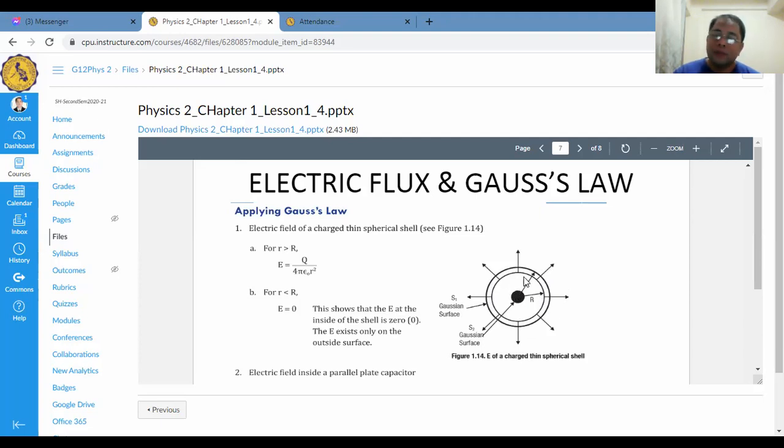That is if our r is less than the length of the big letter R, which probably represents this region of our electric field. If r happens to be bigger, then there might be a value, but if it's inside this region here, then there's no electric field inside.